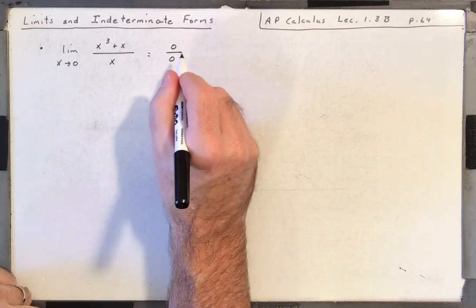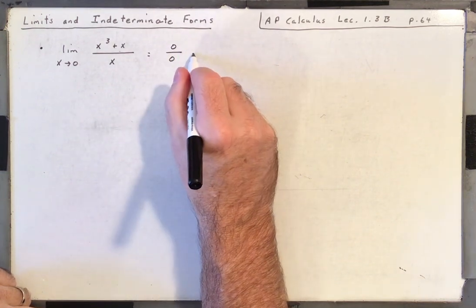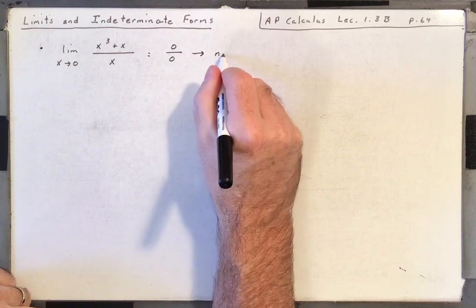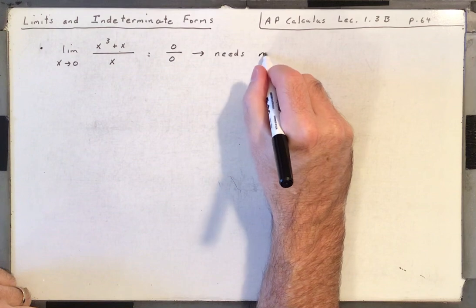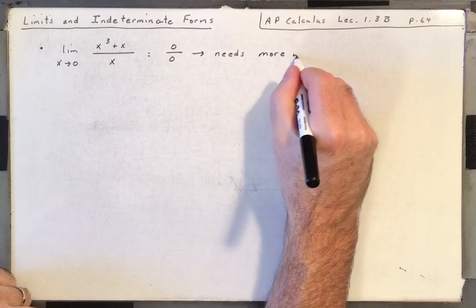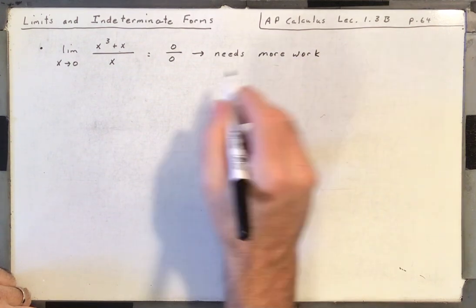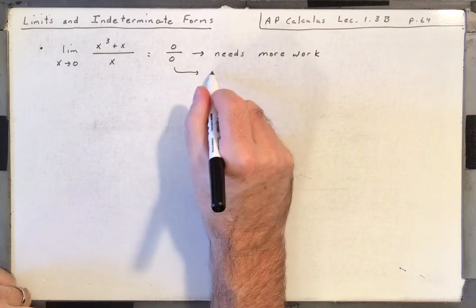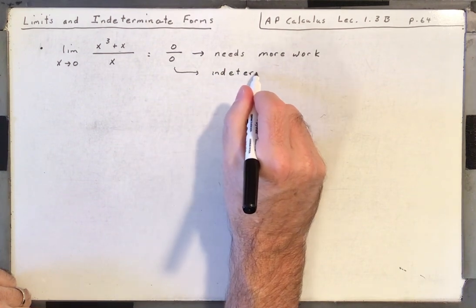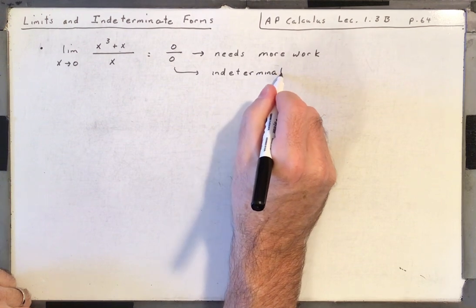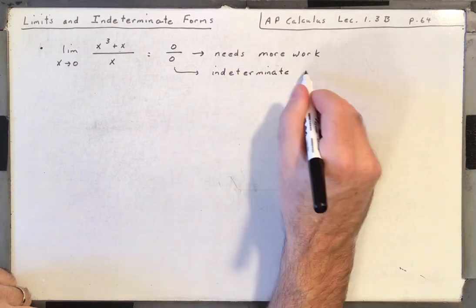Well, that's 0 over 0. That's not an answer. That means this function needs more work. And we call 0 over 0 indeterminate form.